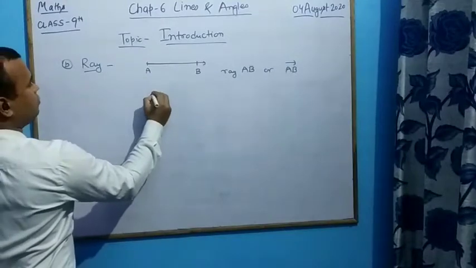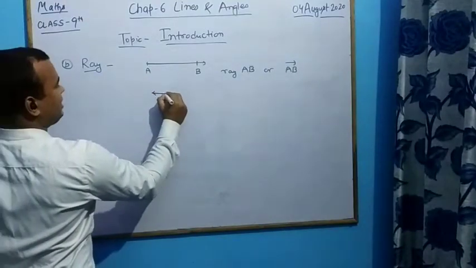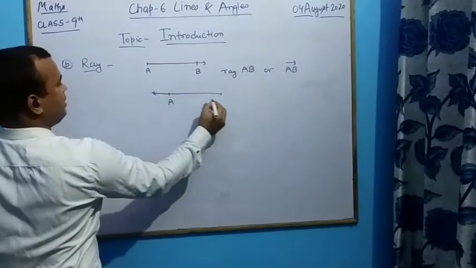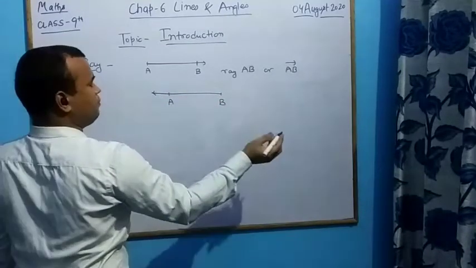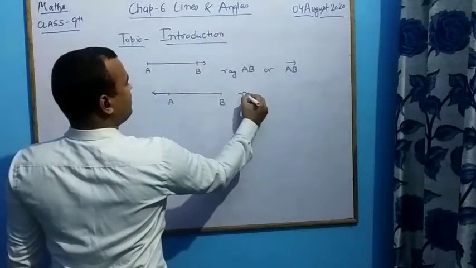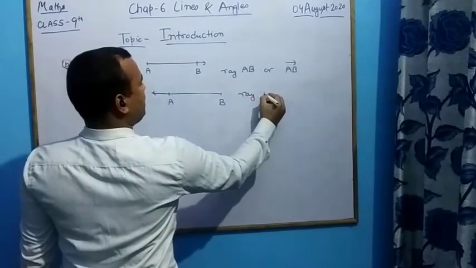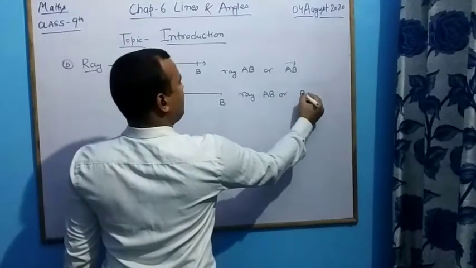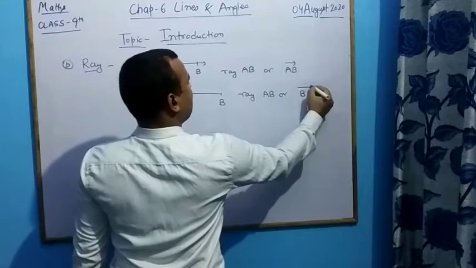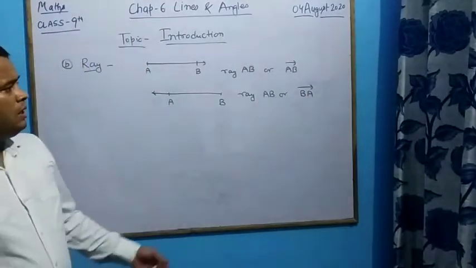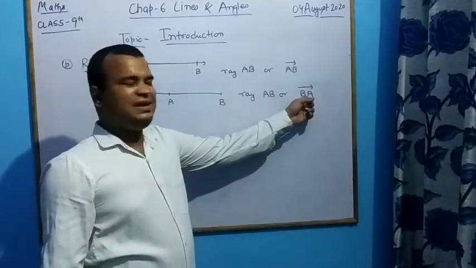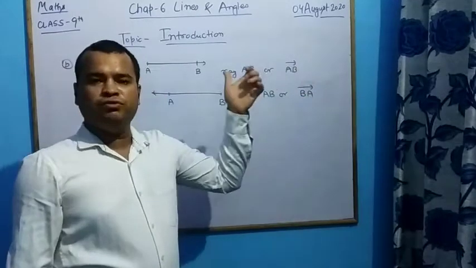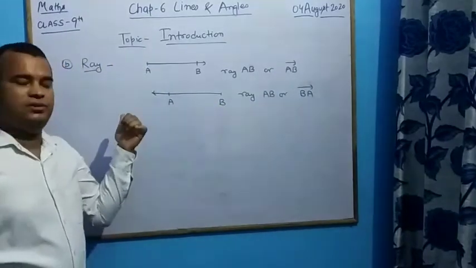We can also draw the ray like this. Let this be A, B. We can write it as ray AB, or we can also write it as ray BA. It represents that the ray is starting from B and it continues towards the A direction.